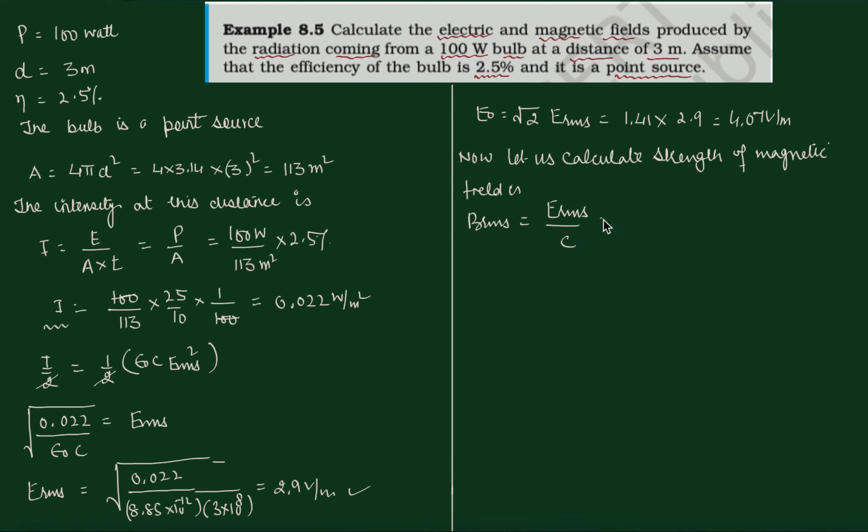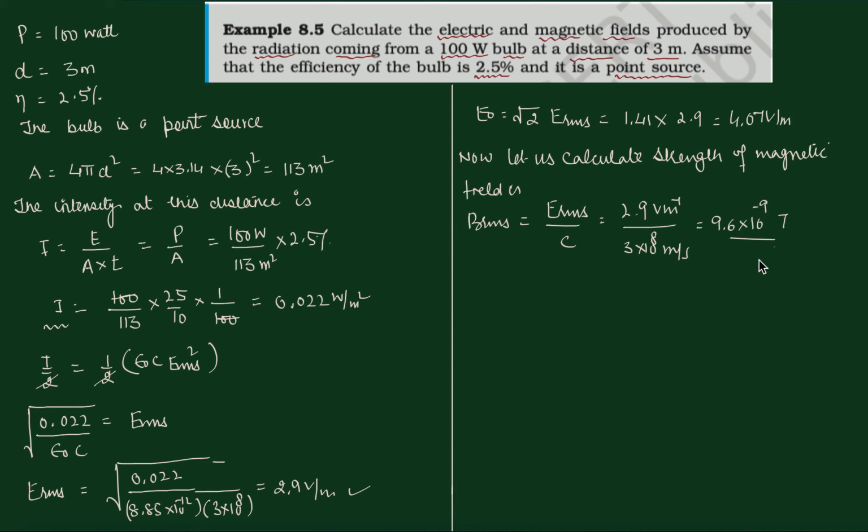Okay, so which is 2.9 volt per meter upon 3 cross 10 to the power 8 meter per second. So this is equal to 9.6 cross 10 to the power minus 9 Tesla.